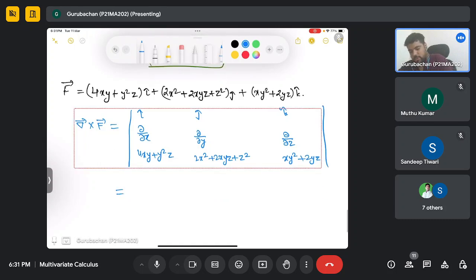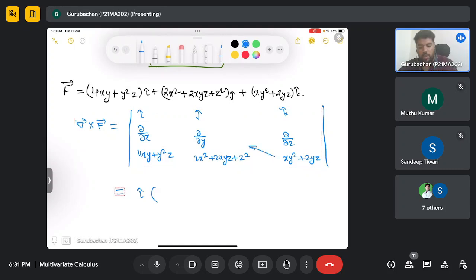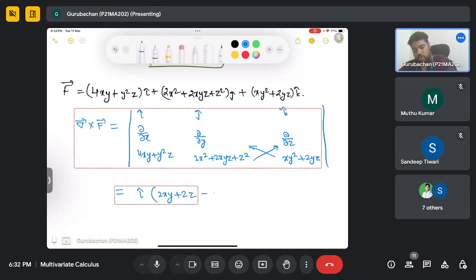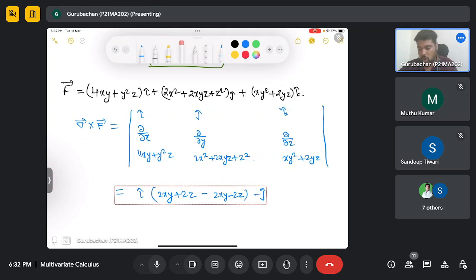So calculate this value. First of all, we have to partially differentiate with respect to y. This will give us 2xy plus 2z. This with respect to z with negative sign, 2xy minus 2z, minus j cap. Now for the j cap, we leave the second column and calculate with respect to x.